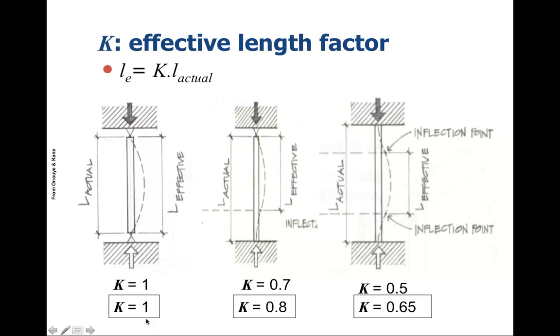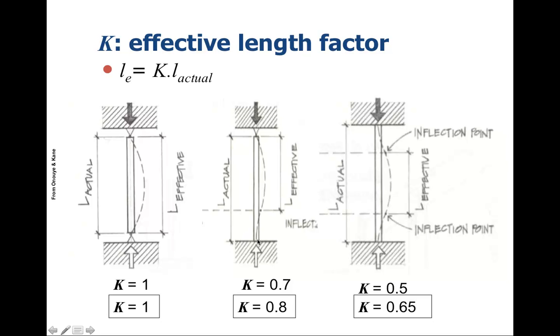If K is equal to 1, we're assuming it's pinned at the top and the bottom, and the effective L is the whole length or height of the column. So basically it can rotate freely as soon as any load is applied. That would be K equal to 1.